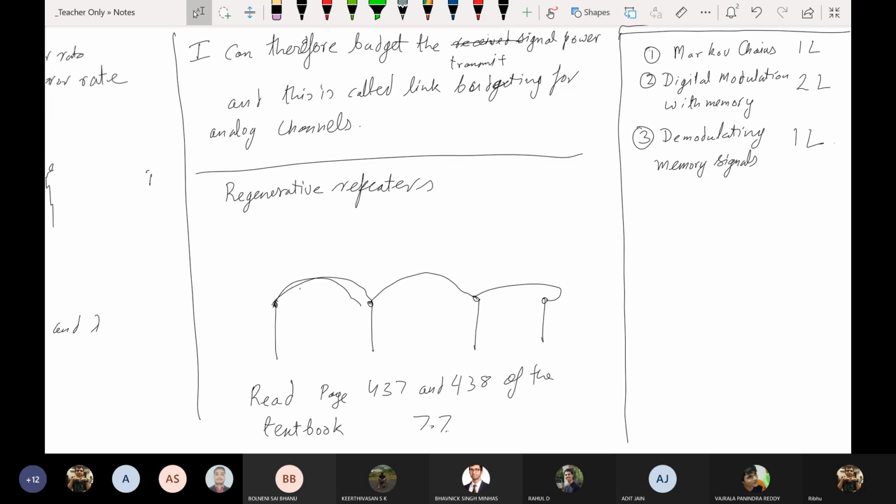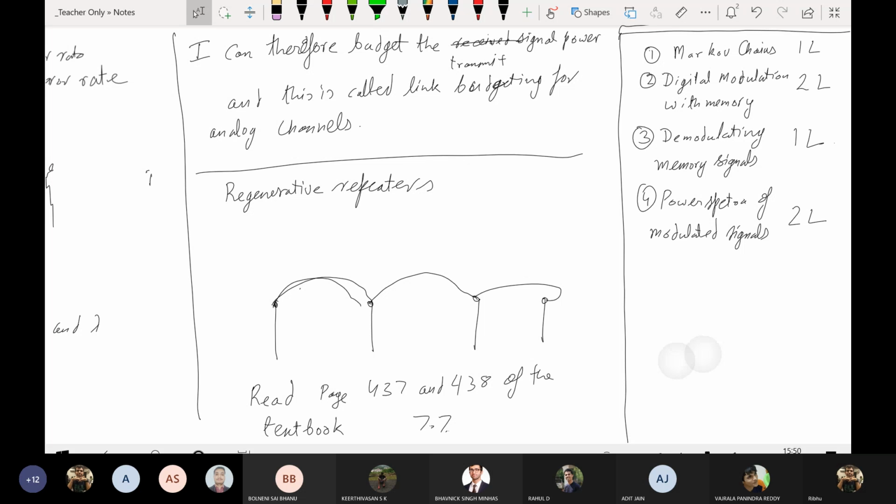Then we have covered this, we have covered this, we have covered this. So we'll cover this later. So yeah, power spectra of modulated signals, two lectures.